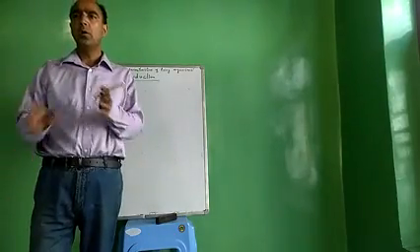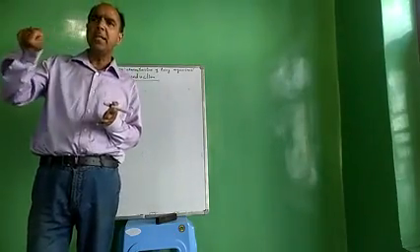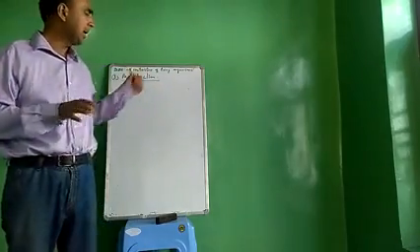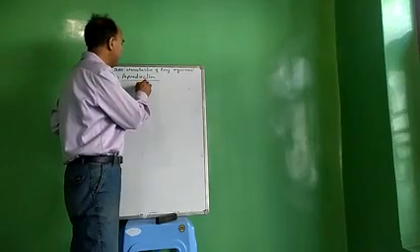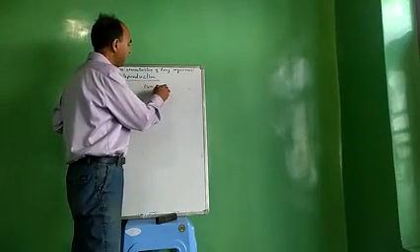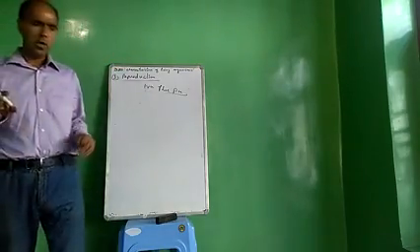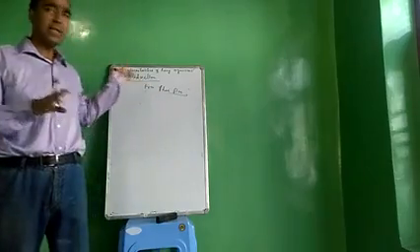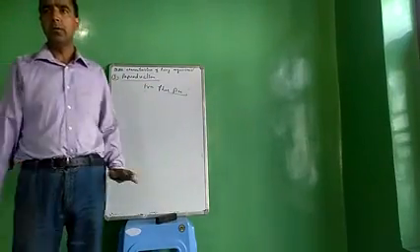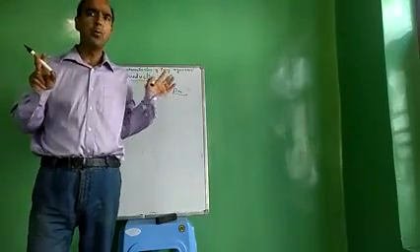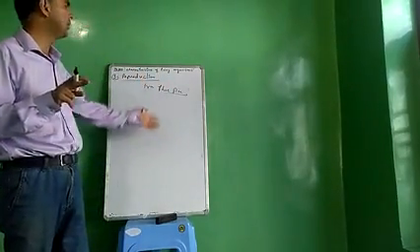Reproduction means the formation of new individuals from their parents. Or we define it, reproduction is the ability of organisms by which they produce offspring of their own kind.